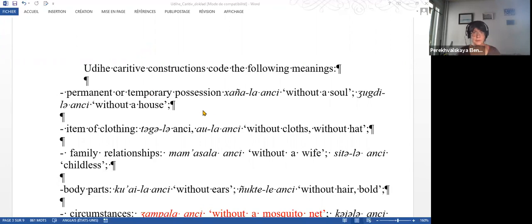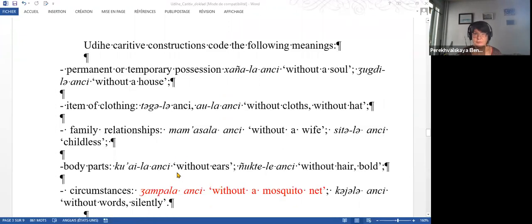Tugu is just, in Russian they say halat, general clothing. Hat, family relations. Very often it is kinship terms which are used in this caritive construction. Mama, sa, sita, body parts very often. Koalanchi without ears, nuktelanchi without hair.